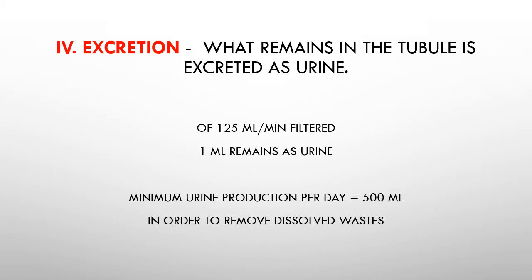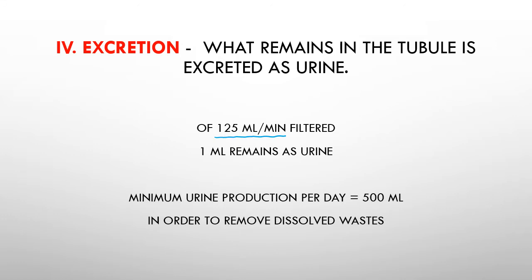So what we have left by the time that we get to the distal convoluted tubule and the collecting duct there is essentially what we're going to get rid of. And so depending upon the content of the filtrate that we had in the beginning, we're typically going to have somewhere in the neighborhood of 125 milliliters per minute that gets filtered.